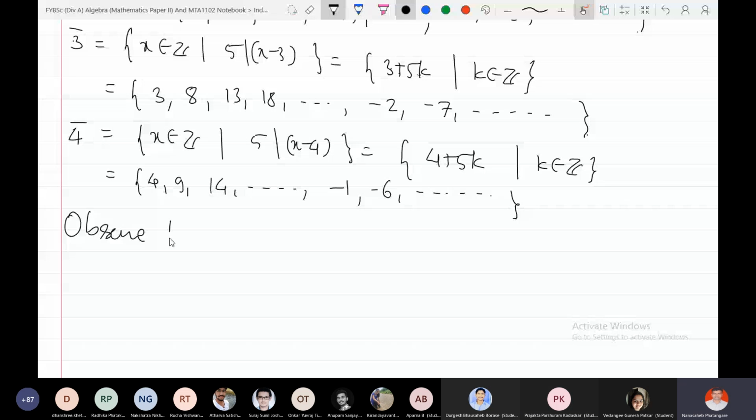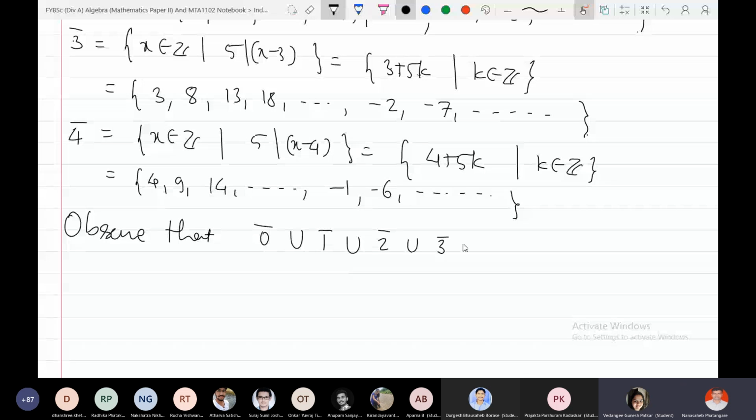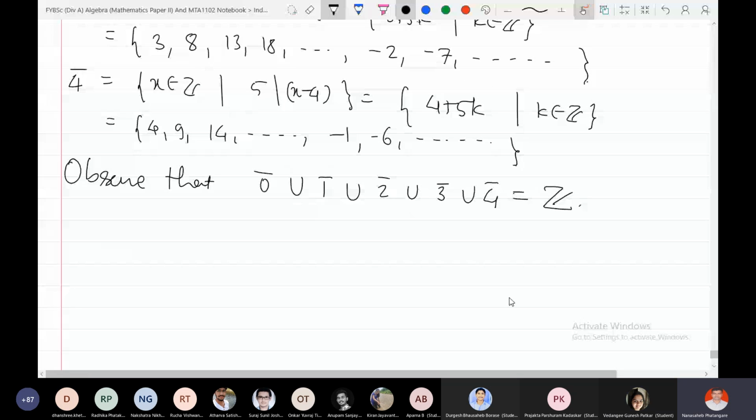Observe that 0 bar union 1 bar union 2 bar union 3 bar union 4 bar is equal to all integers. No integer is left. So it is all covered. Therefore, how many distinct classes can we produce? 5. Therefore, 5 equivalence classes.